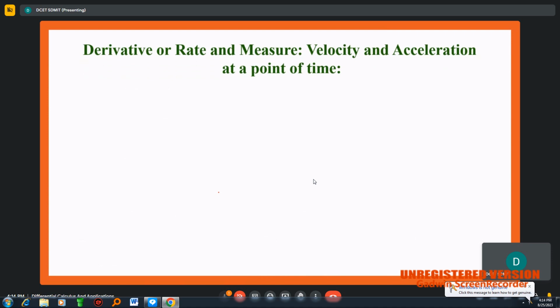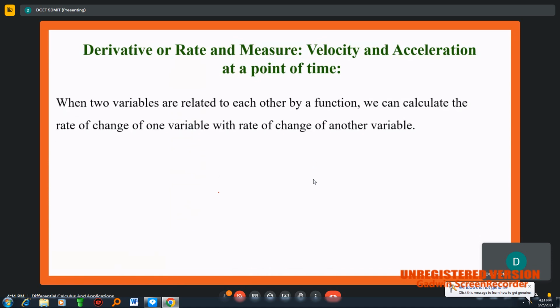Next, derivative as a rate of measure. That is the velocity and acceleration at a point of time. When two variables are related to each other by a function, we can calculate the rate of change of one variable with respect to the rate of change of another variable. First, given distance in the form of s is equal to f of t.